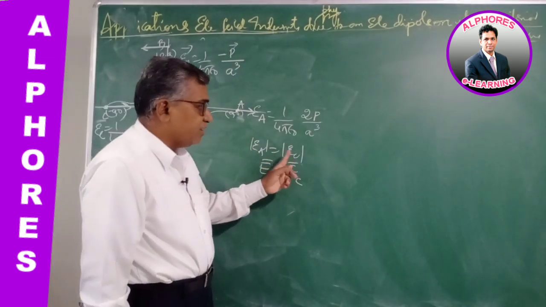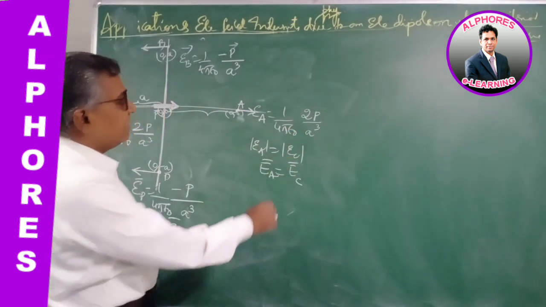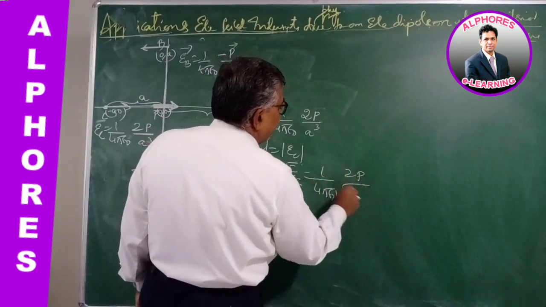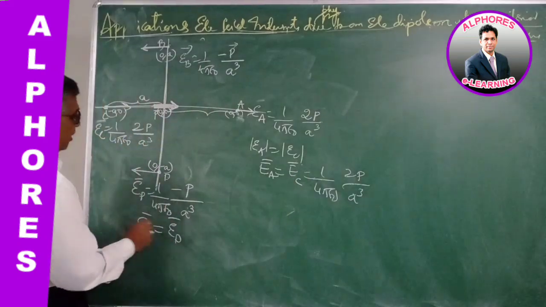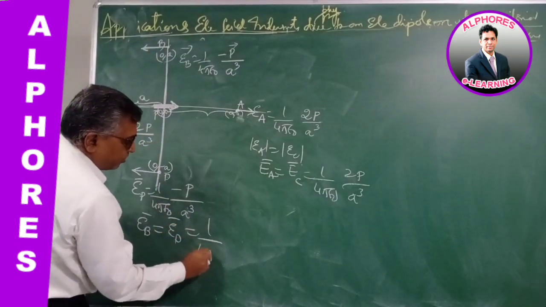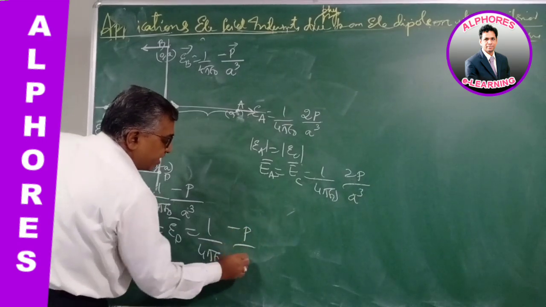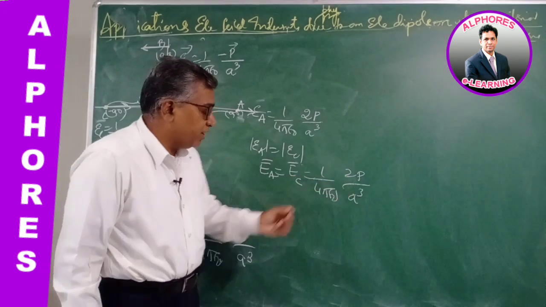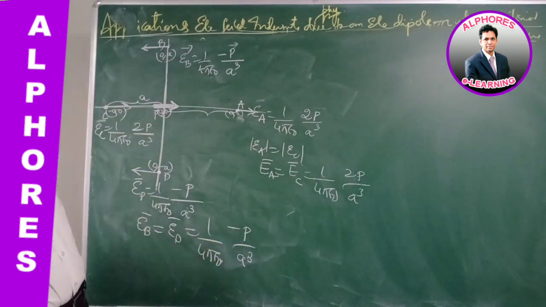So EA and EC both are equal to this: 1 by 4 pi epsilon naught 2p by a cubed, and EB, ED, B and D both are opposite: 1 by 4 pi epsilon naught minus P by a cubed. So this is 2P by a cubed and this is minus P by a cubed.